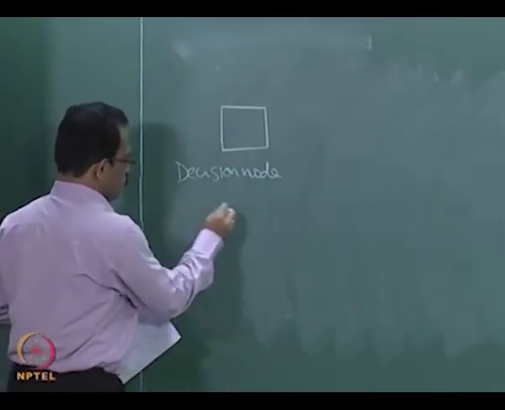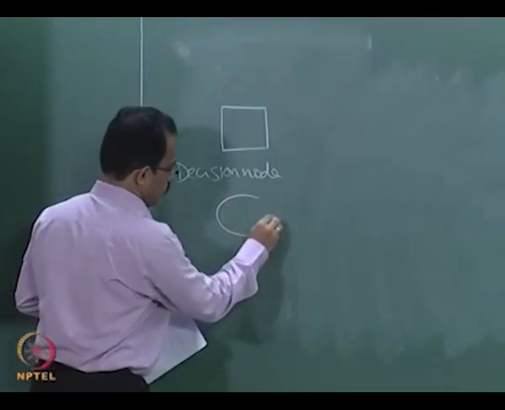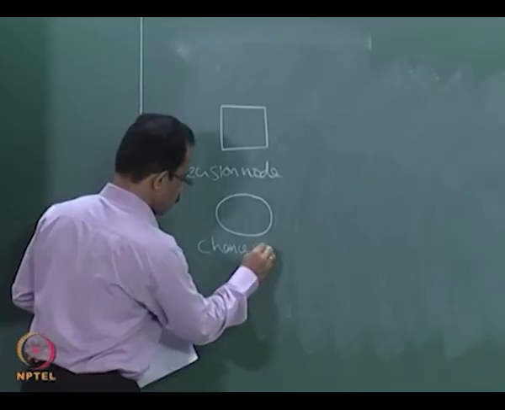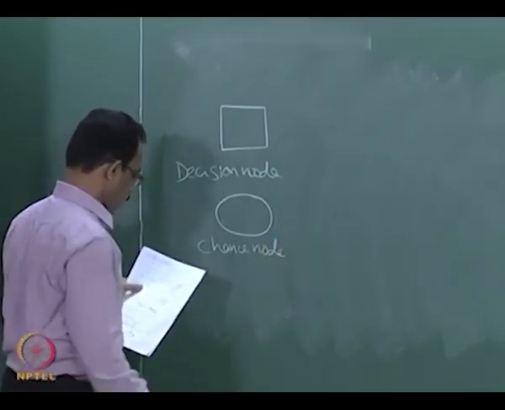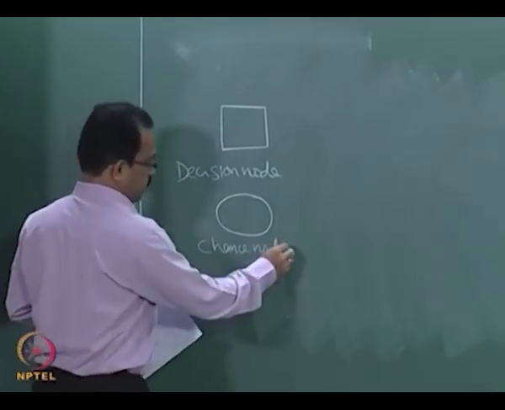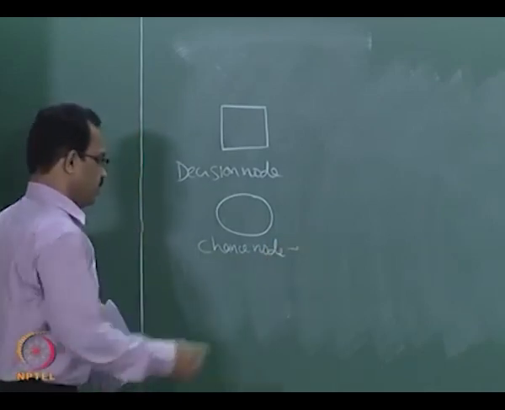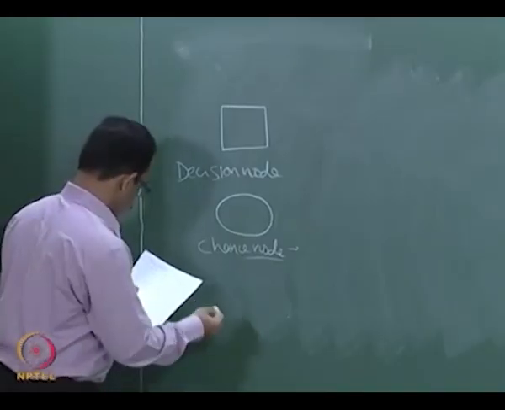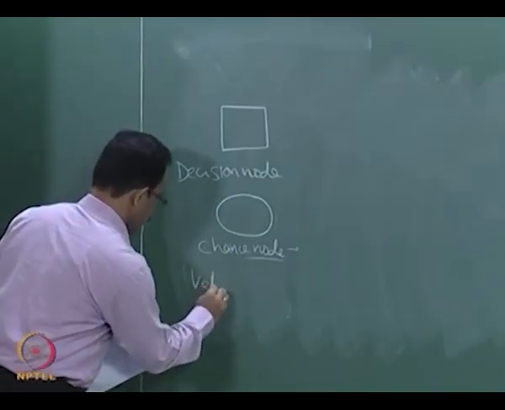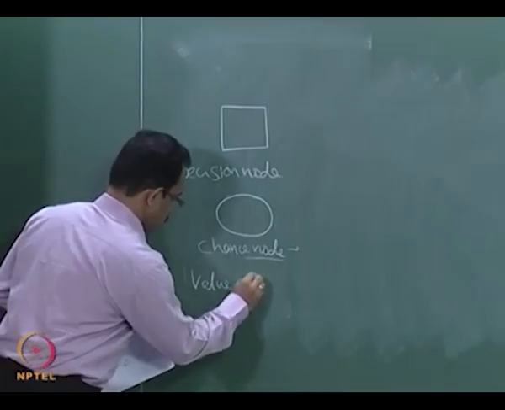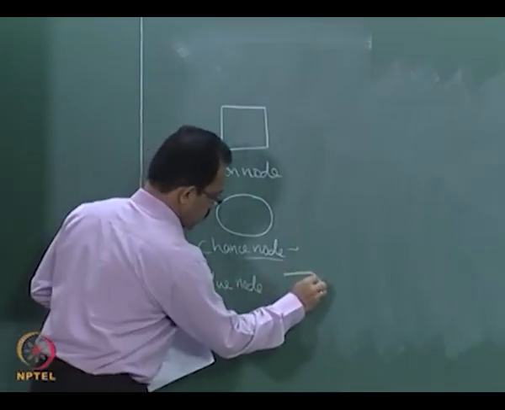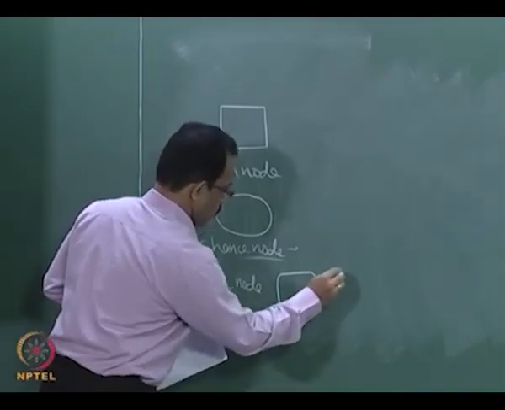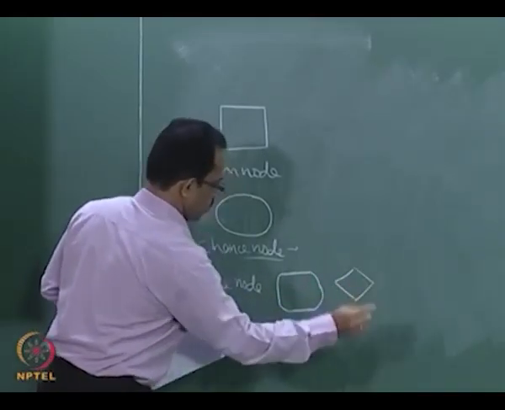Then we have the chance node, represented using an oval. This is the chance node, and again this will be a discrete random variable. You can find out what the number of chances existing are. And then we have the value nodes, represented as triangles with rounded corners, or you can represent them as diamonds also.